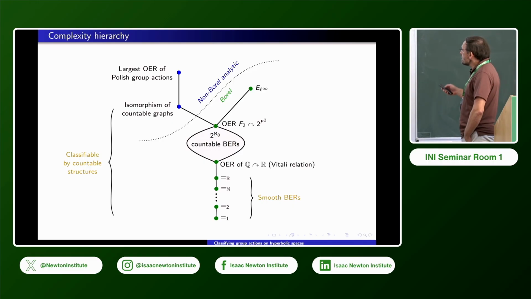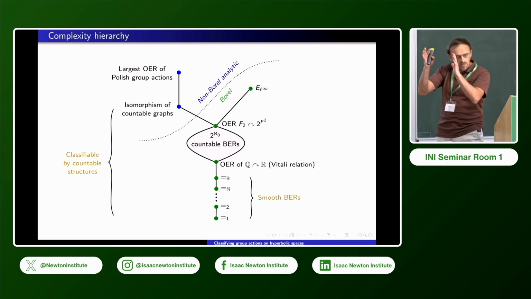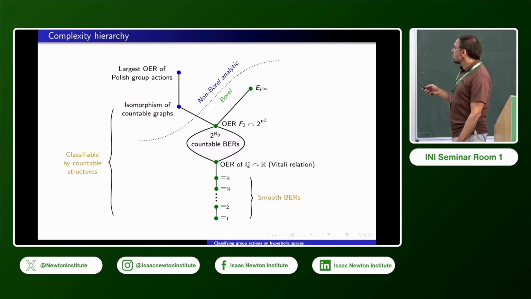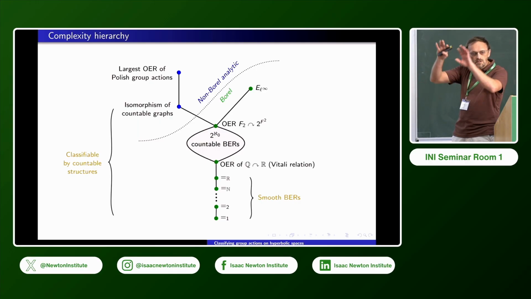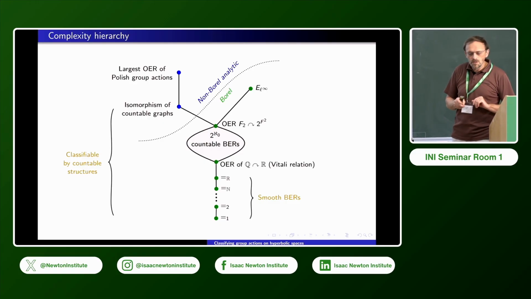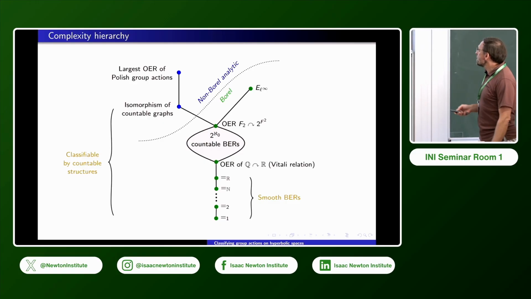And then the next step in the hierarchy is the orbit equivalence relation of Q over R. And this is indeed the initial segment, meaning that if you have any Borel equivalence relation, it will be either one of these or it will be strictly greater than all of them. So that's the full initial segment. Then my picture becomes incomplete because there are lots of things on the sides which may not be comparable to what's on the picture. So it's just some small part of the world of Borel equivalence relations.